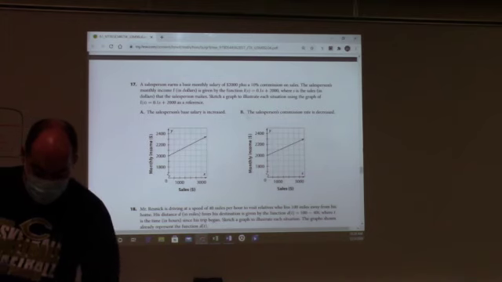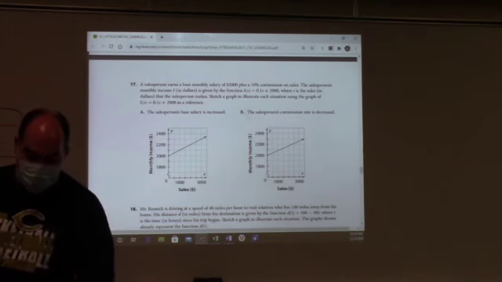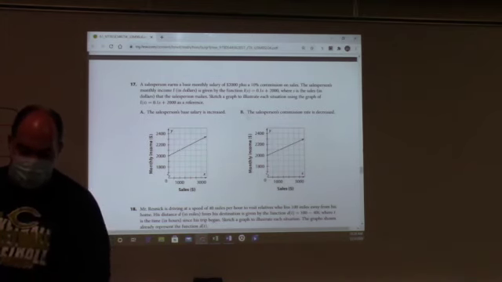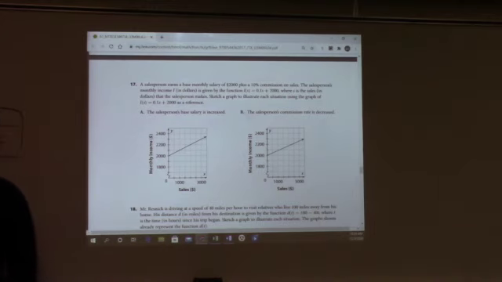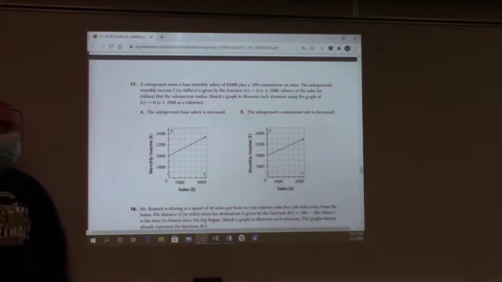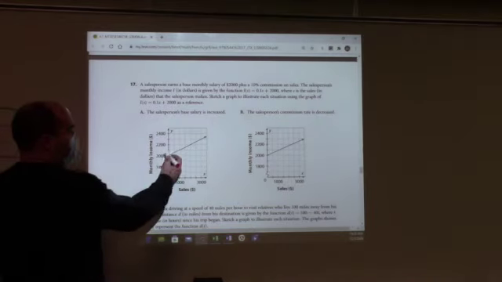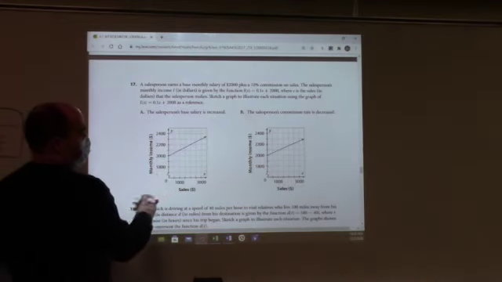Let me start with this. Part A says the salesperson's base salary is increased. Oh, his money will increase. What's it going to look like on the graph? What am I changing? What am I moving? The y-intercept. So what has to stay the same? The slope. So the slope stays the same. I just got to pick any number up here I want.